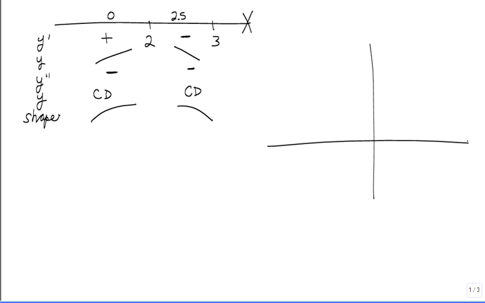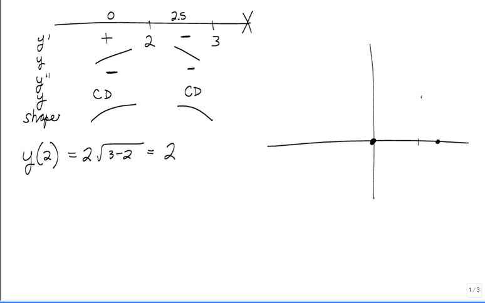So when we graph it, we know (3, 0) is an intercept, (0, 0) is an intercept. Step number 7, I guess I'm not numbering the steps, is to plug the critical point into the function. So that's going to be 2 square root of 3 minus 2 square root of 1, which is 2.